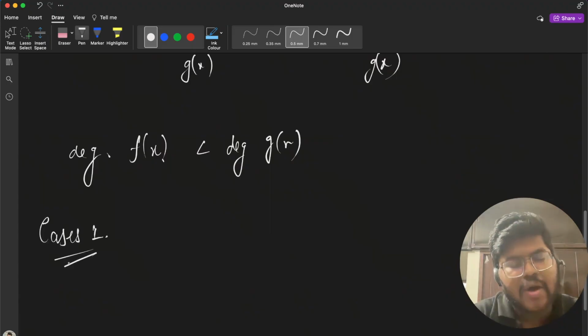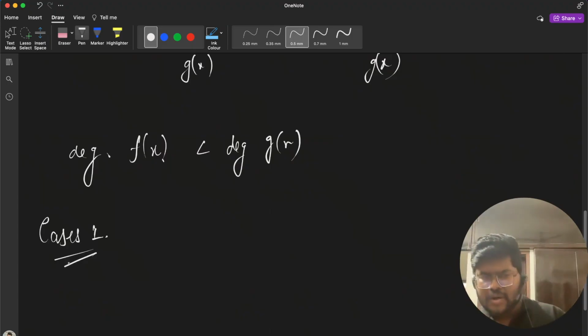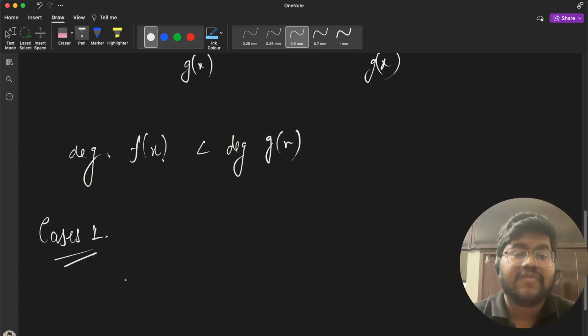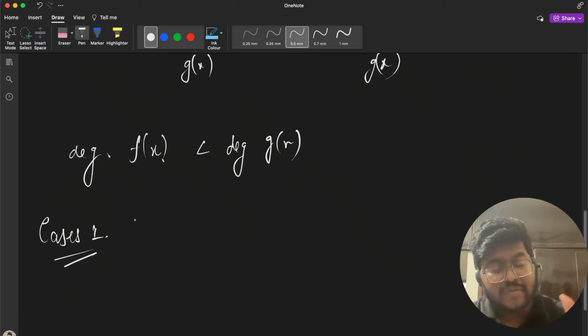It may happen that g(x) factors into different cases of linear factors.